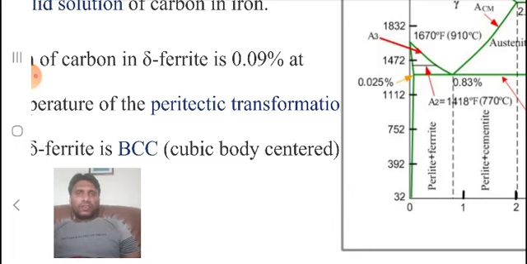The entire industry, all engineering applications are based on this portion of the diagram, because steels seldom exceed carbon content of more than 0.8%.